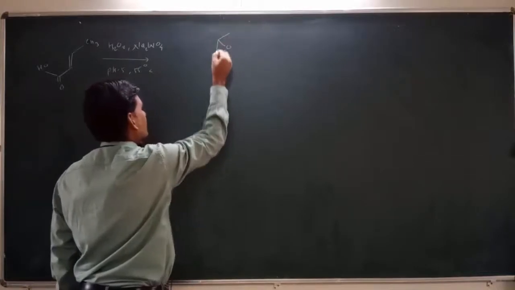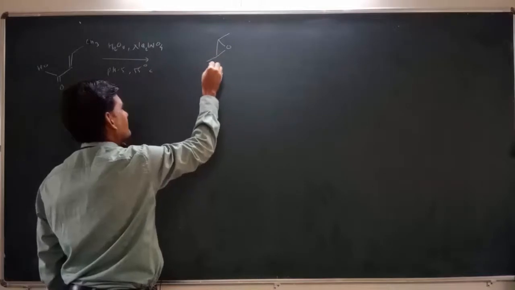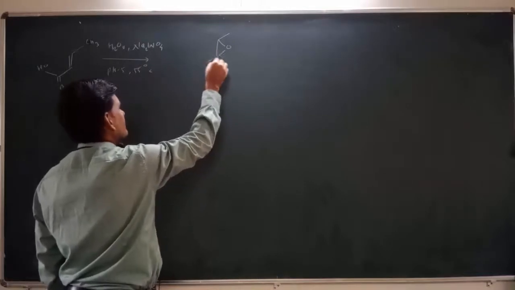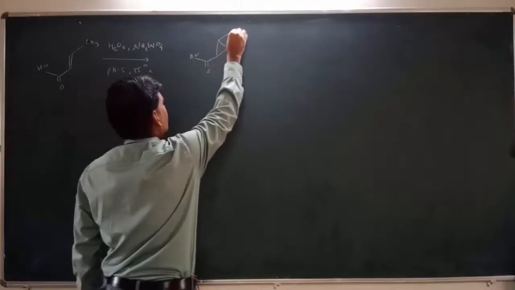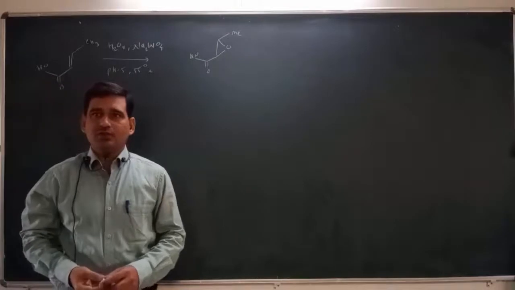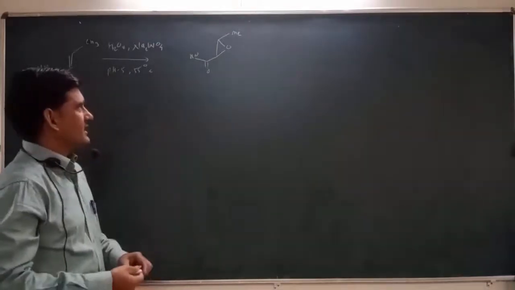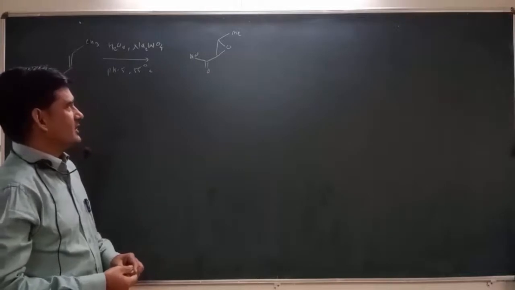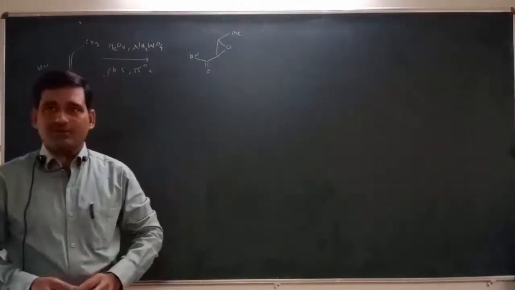So it gives epoxidation here, and this compound is called trans 2,3-epoxy butyric acid, because these groups are trans to each other.